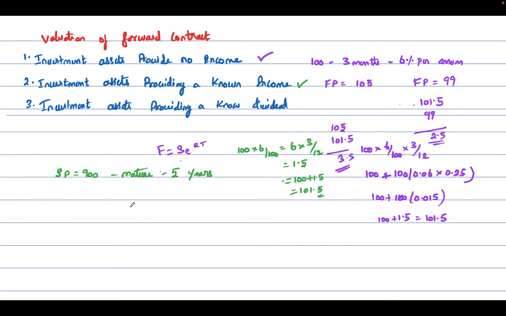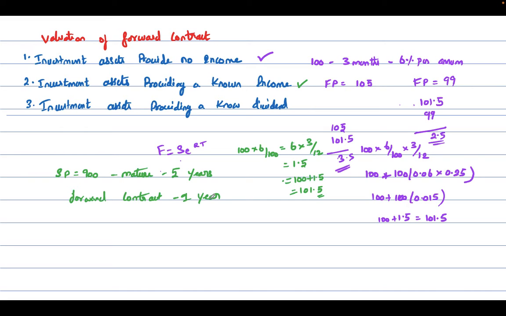Assume the forward contract matures in 1 year. So the forward contract is a contract to purchase a 4-year bond in 1 year.